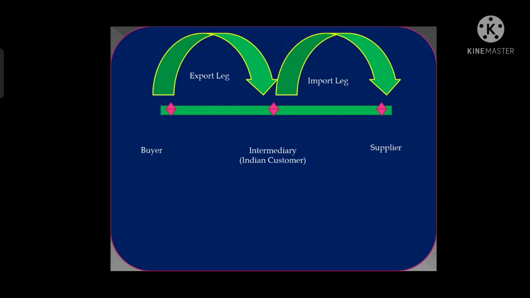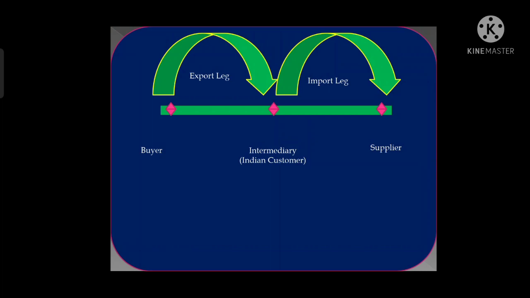Then what is called the export leg? After importing the goods from the overseas supplier, the intermediary will export these goods to the overseas buyer. Then it will be called the export leg for the intermediary because it is now exporting goods to the overseas buyer.